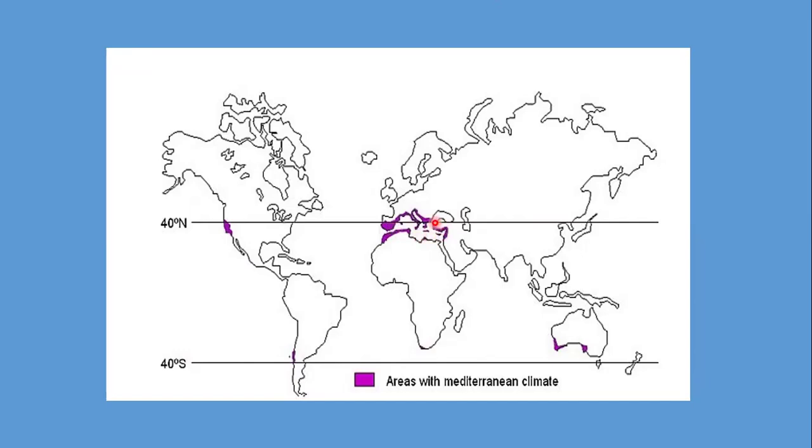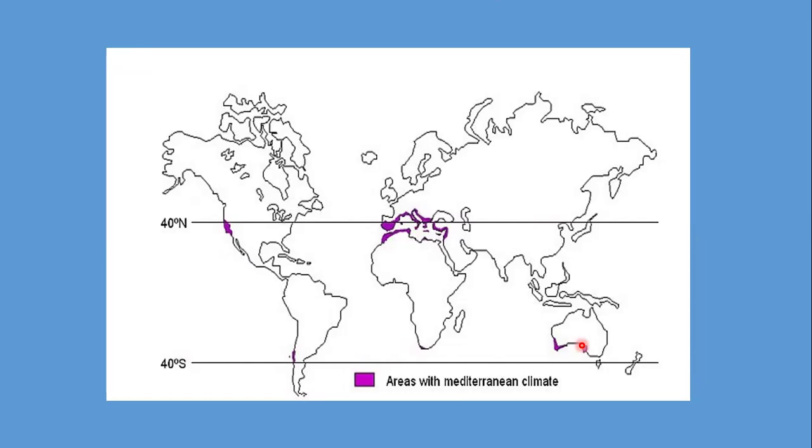Besides the Mediterranean basin, this type of climate is found along the central regions of America and the Californian coast, Southern California, central Chile in South America, southwest of South Africa, and in the southwest parts of Australia. Mediterranean type of climate is found.